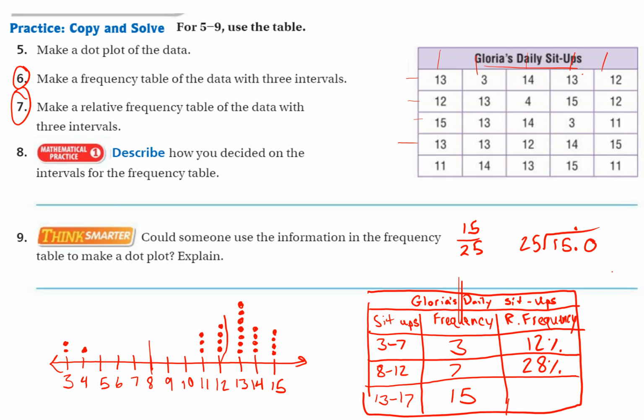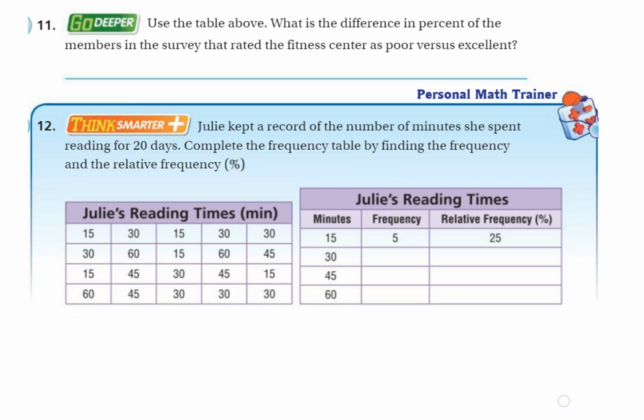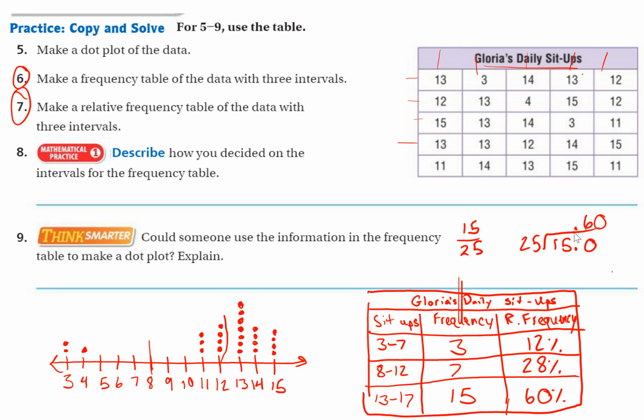Okay, 25 cents, $1.50, 6 times. And that would be, if I move my decimal over twice, 60%. So now I kind of combine my frequency and relative frequency charts into one, because it shows the frequency and it also shows the relative frequency.